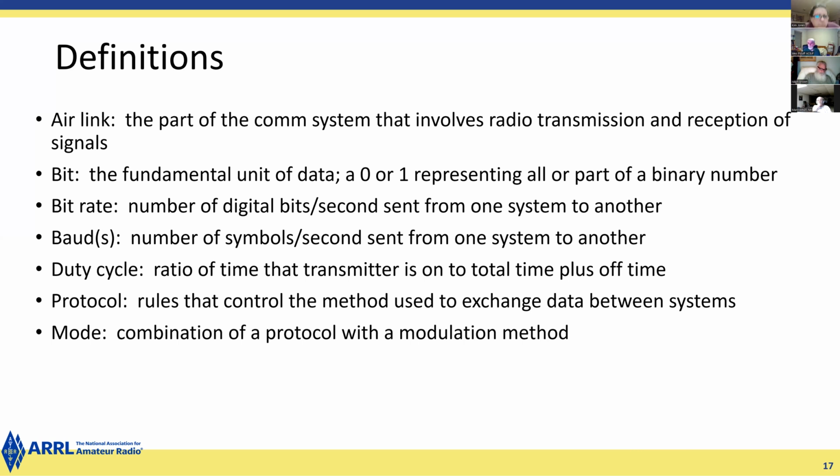AM transmission, because of the carrier that's on all the time, or radio teletype, because one of two tones is on all the time, have duty cycles of 100%. The protocol is the way that the data bits are handled. And in a couple minutes, we'll get into some of the ways that this happens.